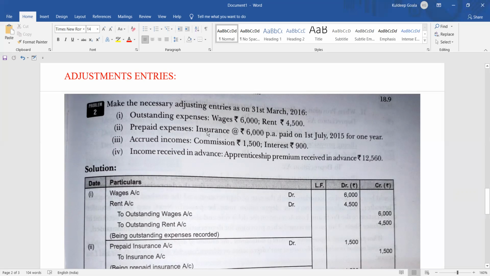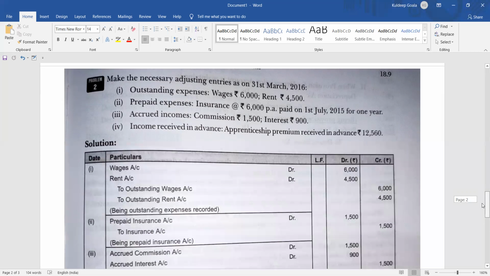Prepaid expenses. What was the prepaid expense? The insurance, it is 6,000 per annum, paid on 1st of July 2015 for 1 year. Our year ending is told to be 31st of March 2016, isn't it? Let me tell you when it started.